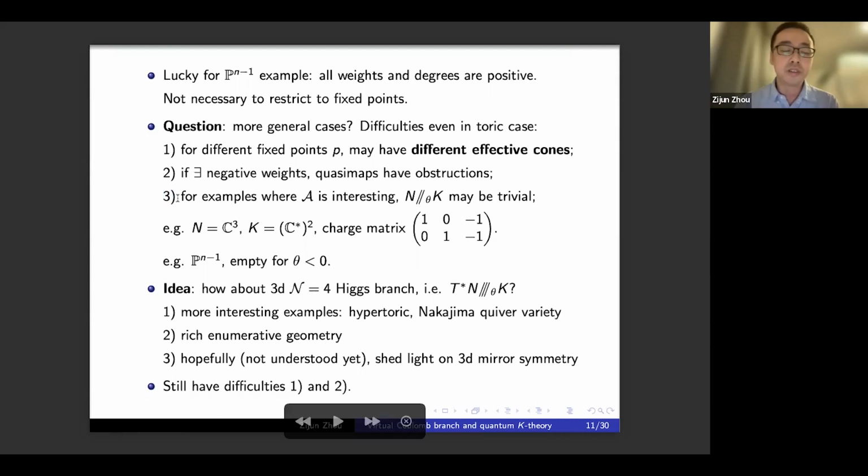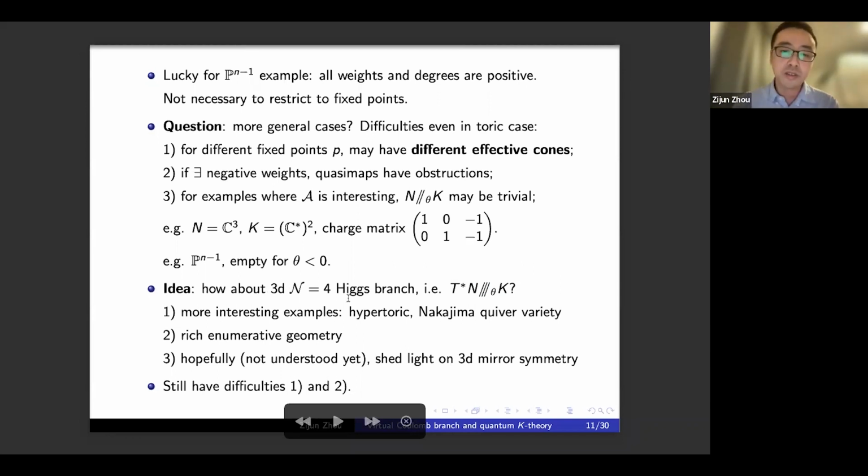So my idea here is to consider, instead of this simple GIT quotient, this T*N and its hyperkähler quotient by K. This is the Higgs branch of the 3D N=4 theory.